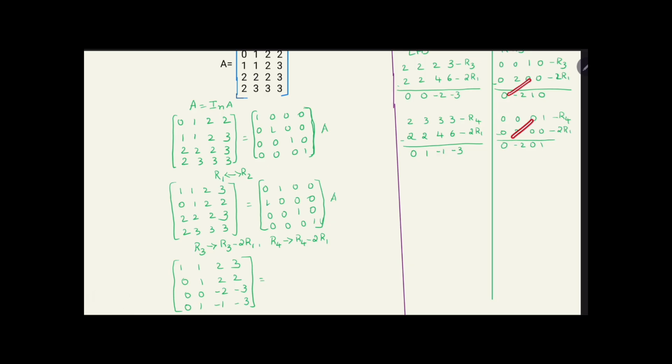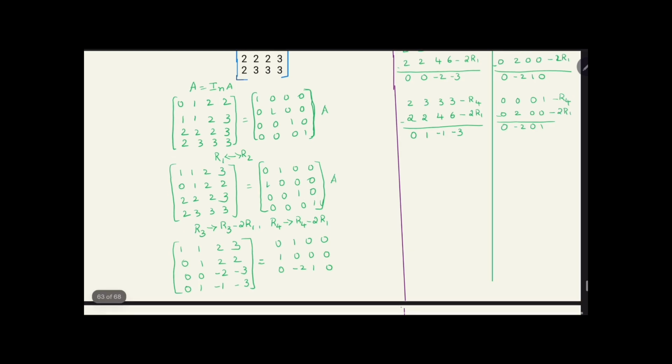The first and second rows remain the same. 0 1, 0 1 0 0, 1 0 0 0. What is the third row? What are the new elements? 0 minus 2 1 0, and the fourth row is 0 minus 2 0 1. Is that clear students until now?